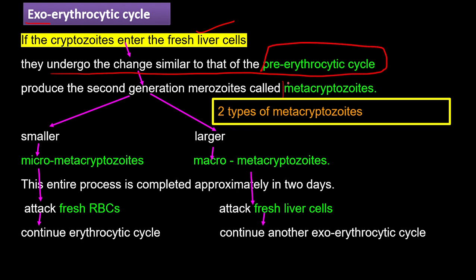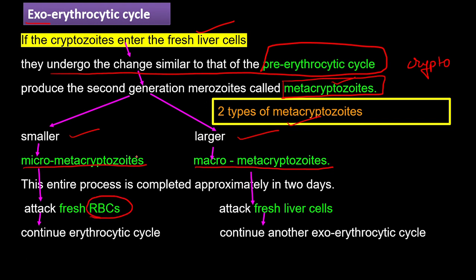The only difference is that जो daughter cell बनेगा, it is going to be metacryptozoite. पहले एरिथ्रोसाइटिक साइकिल का जो डॉटर सेल बना उसको क्रिप्टोजोइट बोला था, राइट? यहाँ पे जो डॉटर सेल बन रहा है उसको मेटाक्रिप्टोजोइट बोलेंगे. These metacryptozoites are of two types. One is smaller, the other one is larger. Smaller one we call micrometacryptozoite. Larger one we call macrometacryptozoite.